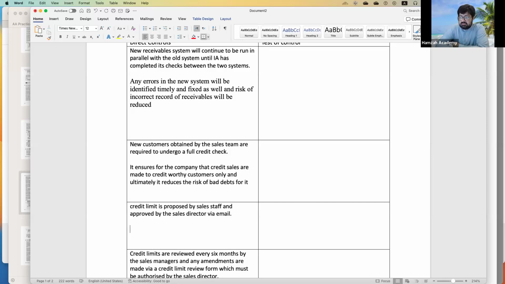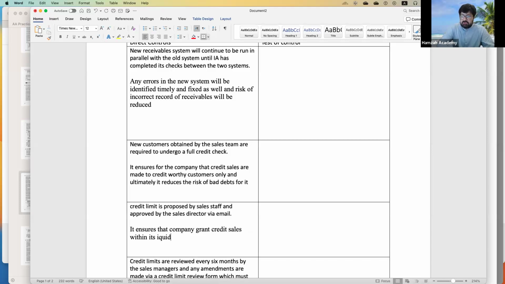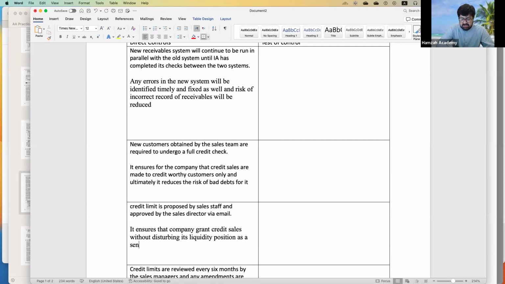Now, it ensures that the company grants credit sales within its limit without disturbing its liquidity position, as a senior person is approving the credit limit.